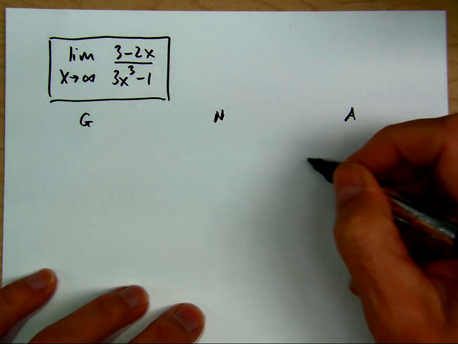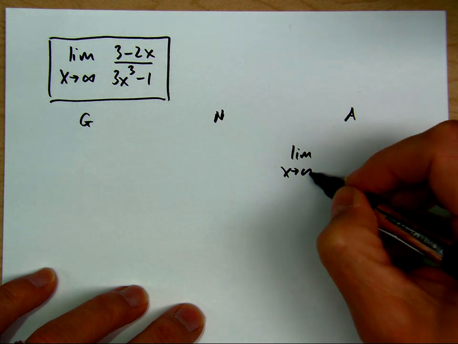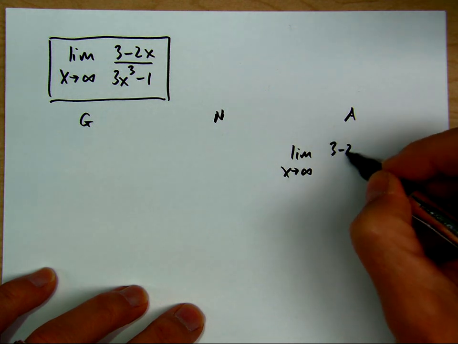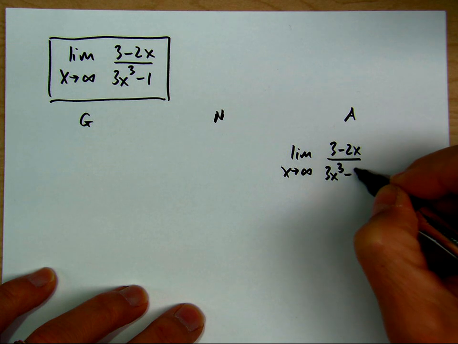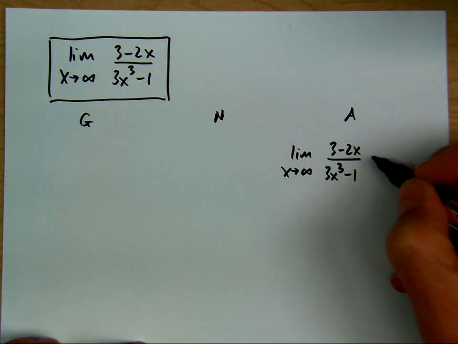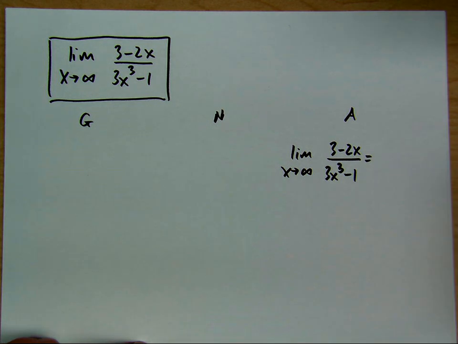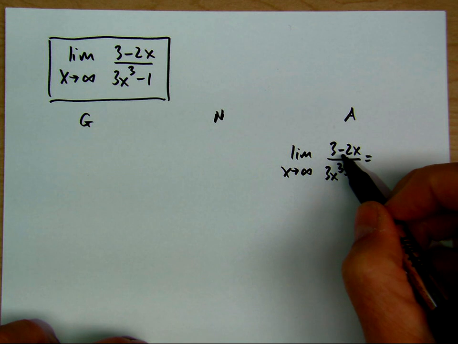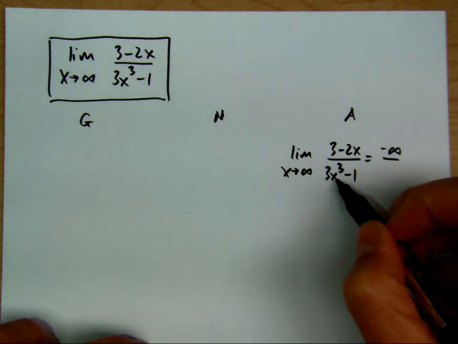So let's try this analytically. If x goes to infinity, we'll have 3 minus infinity, and this will be infinity.